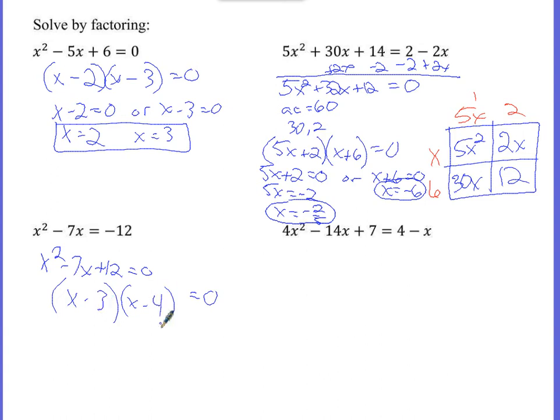It really helps when you think about those signs. Now what? Zero product property. X minus 3 equals 0, or x minus 4 equals 0, so therefore x equals positive 3, x equals positive 4. There's my two answers, and I'm done.